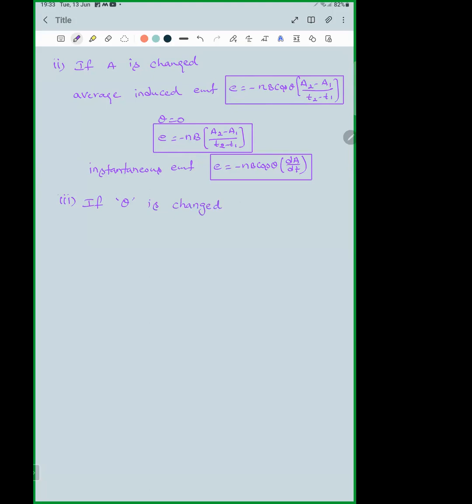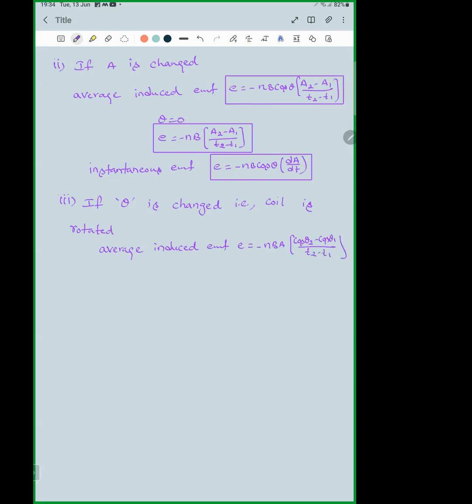If theta is changed, that is coil is rotated, average induced EMF is E is equal to minus NBA into cos theta 2 minus cos theta 1 by T2 minus T1.